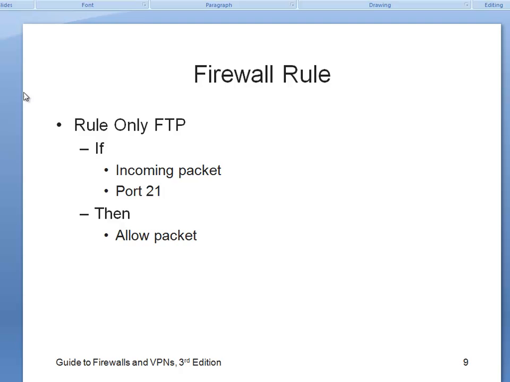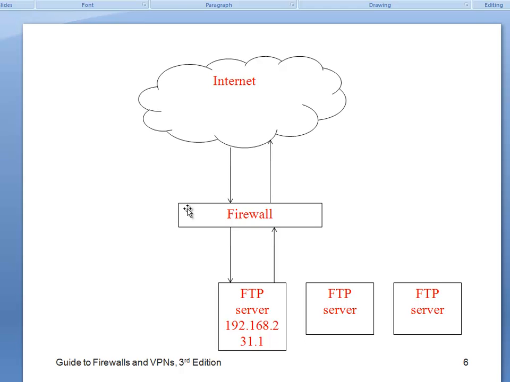But what if we have a number of different FTP servers sitting on our internal network? Let's say that we want to allow internal users to access any of these FTP servers, but anyone coming from the outside must only use this IP address right here. So what kind of conditions can we add to that?